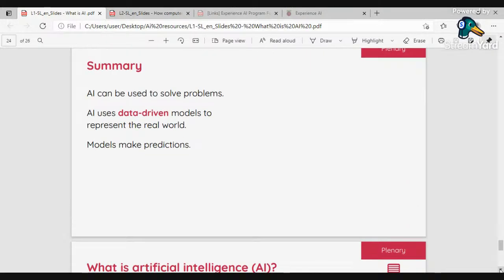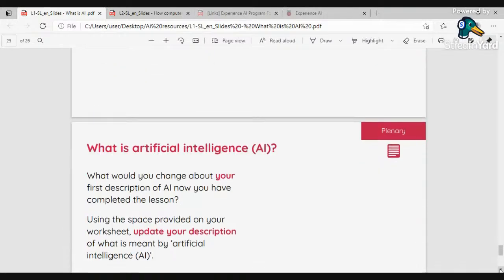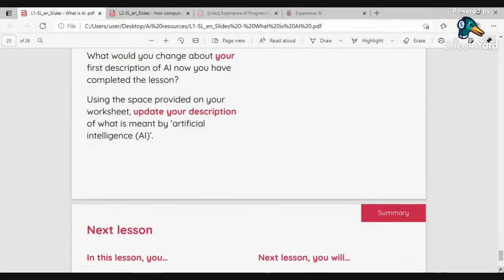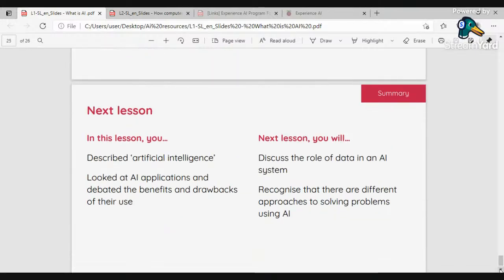So, a summary of what we looked at: AI can be used to solve problems. AI uses data-driven models to represent the real world, and models make predictions. We have also looked at what artificial intelligence is. Using the space provided on your worksheet, update your description of what is meant by artificial intelligence based on all that we have gone through.